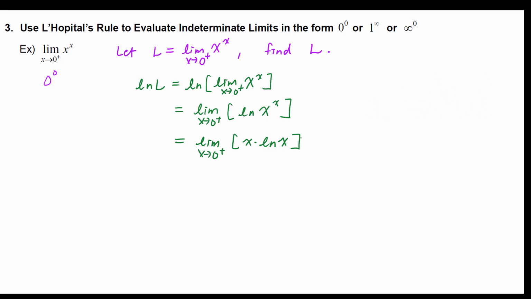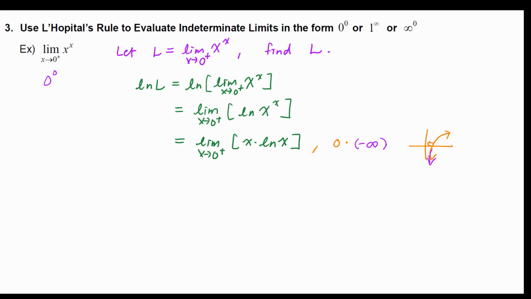So now if you plug in 0, I get 0 times ln of 0. Do you remember what the ln x graph looks like? So as x approaches 0 from the right, the function is trying to reach negative infinity. So you have 0 times negative infinity, which is an indeterminate form.